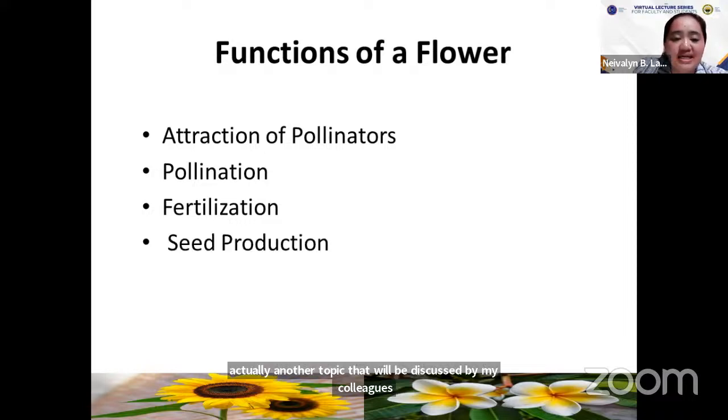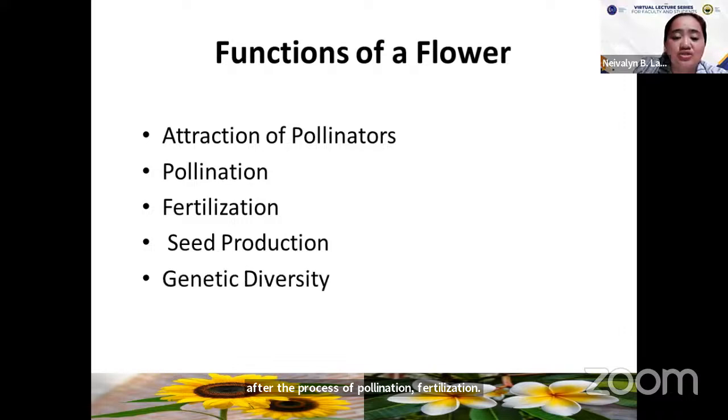After pollination and fertilization comes the production of seed. All of those processes occur in the flower.